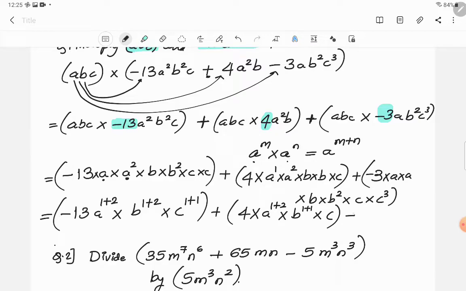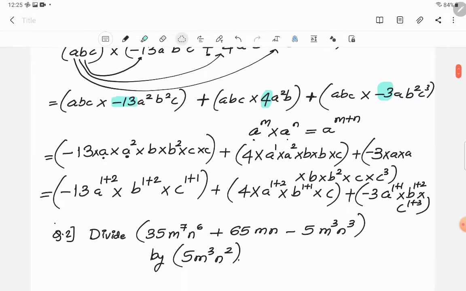And then in the next write plus minus 3, a to the power 1 plus 1 multiplied by b to the power 1 plus 2 and multiplied by c to the power 1 plus 3. Closing your bracket.